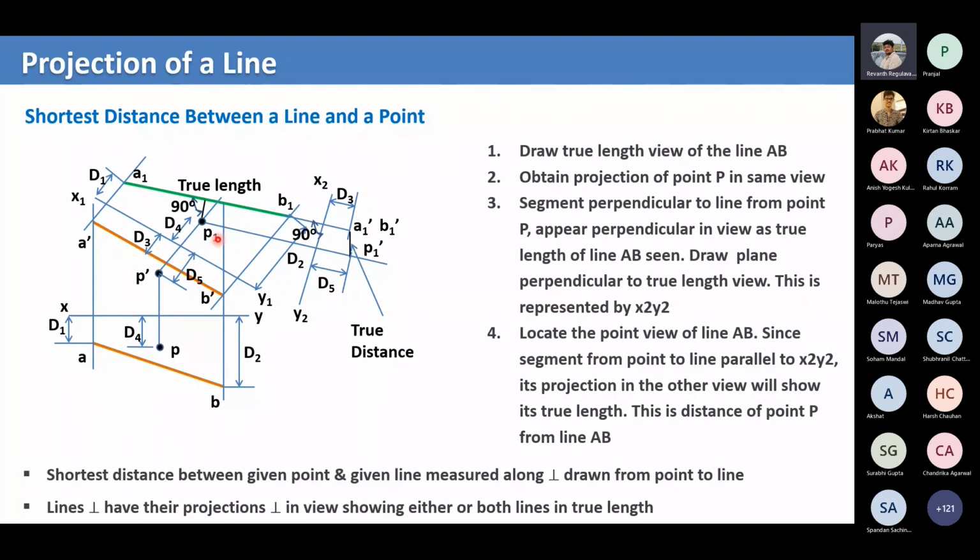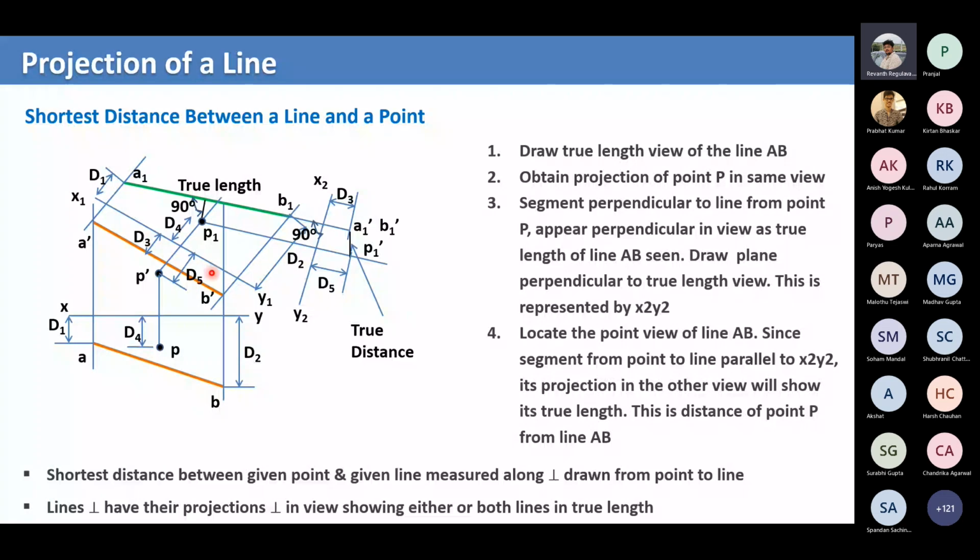Now, what are the dimensions you need for getting another auxiliary projection? The projections which were used to get this auxiliary projection are the dimensions we need. These are the projections using which we developed these. Now we have to measure the dimensions of these projections from the auxiliary plane. Here we are taking D3 and this is D5.